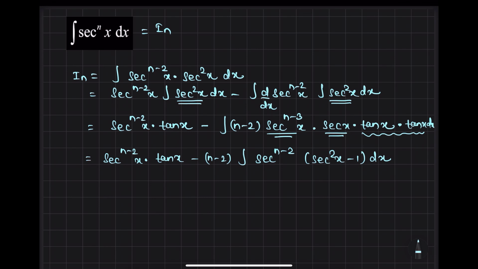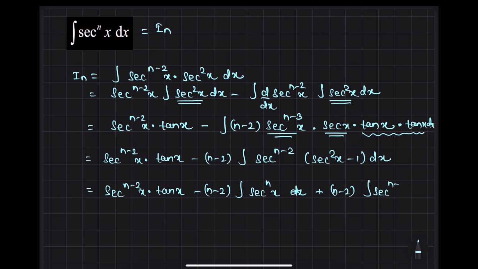Let's open that bracket and create two integrals. So it is sec power n minus 2 x tan x minus n minus 2 integration of sec power n x dx, plus n minus 2 first and then integration of sec power n minus 2 x dx.